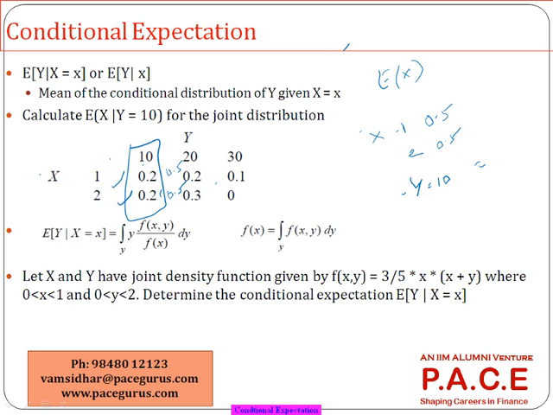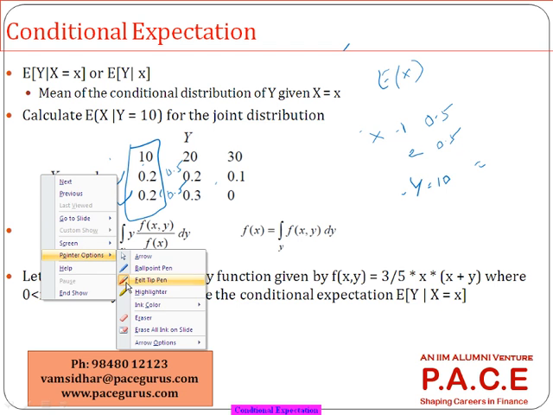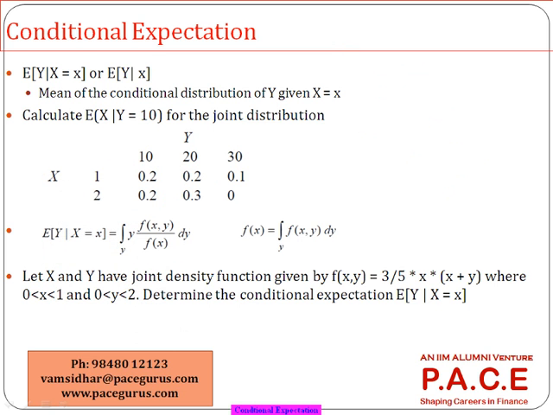Now, what do I do in case of continuous? The same logic. Because I want to find out the expected value of y, I have to multiply the y with the conditional probability given x.